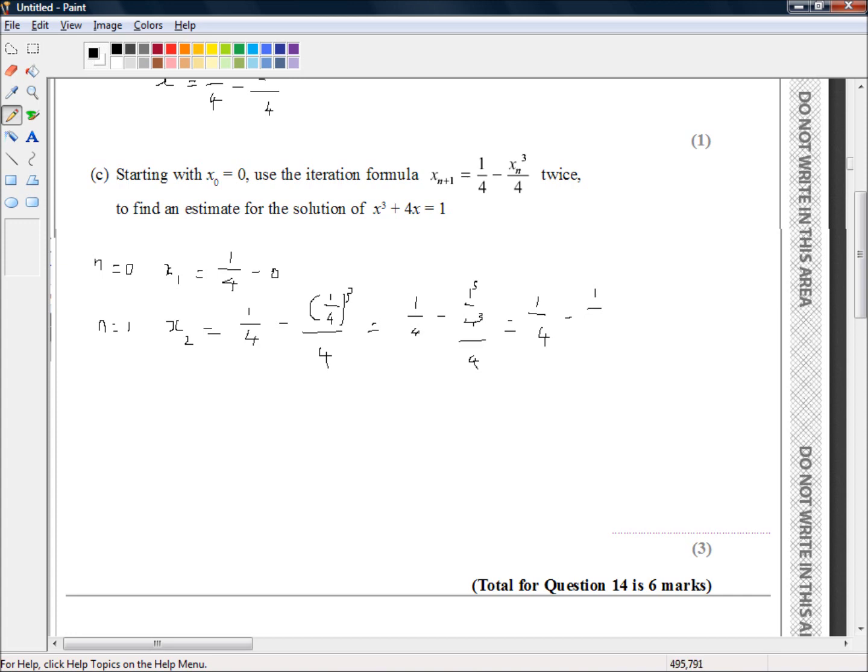But we're also dividing it by 4, and since the 4 cubed is on the denominator, and then we're dividing by 4, so this is 1 over 4 to the power 4. Well, 1 over 4 to the power 4 is the same as 4 squared times 4 squared, which is 16 times 16, which is 256. So that's equal to 1 over 4 minus 1 over 256.